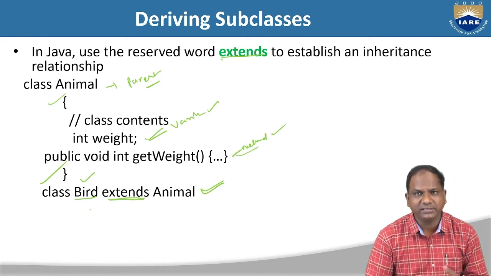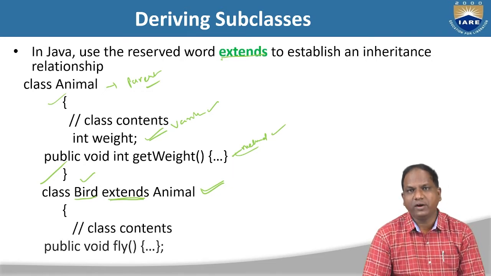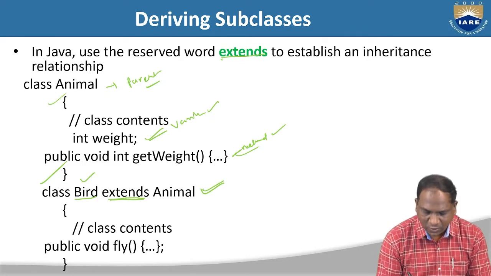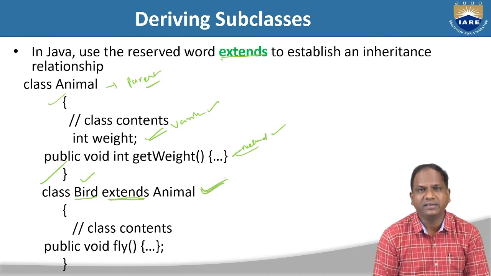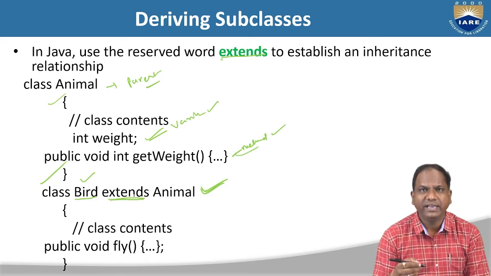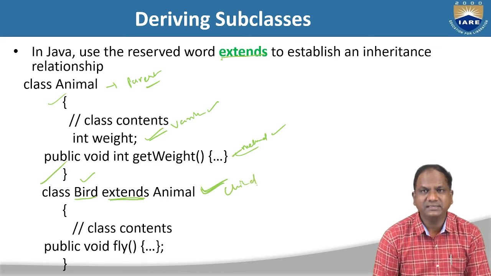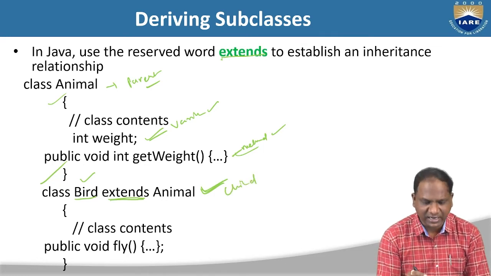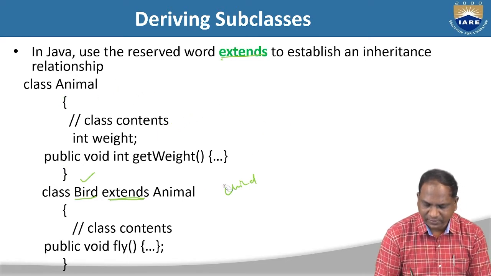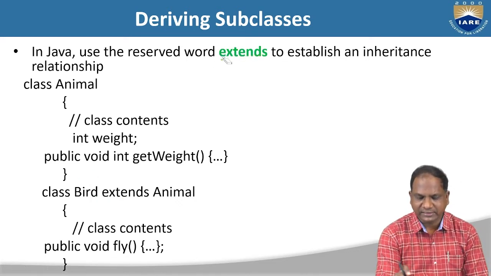And the Bird class contains its own method, for example, public void fly. So the syntax is important. How can you create a child class? By using the extends keyword, you can establish an inheritance relationship between the parent and Bird, the child class. If you want to establish an is-a relationship between two classes, you can use the keyword extends.